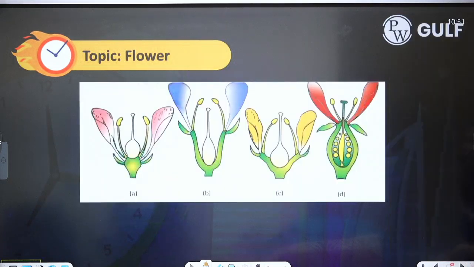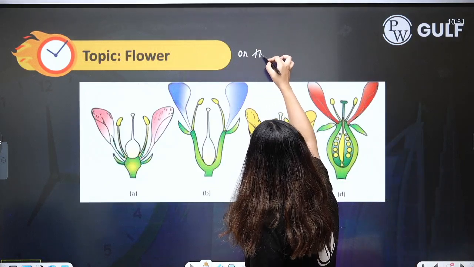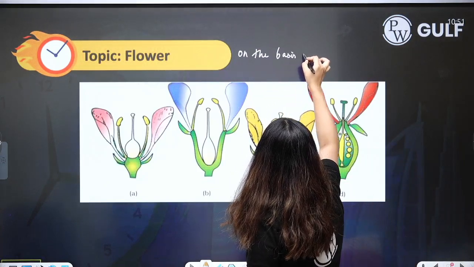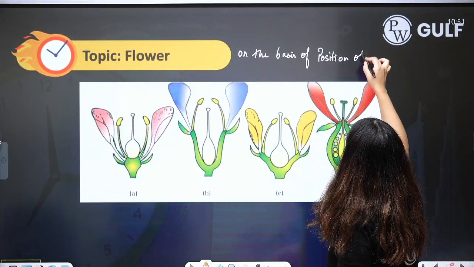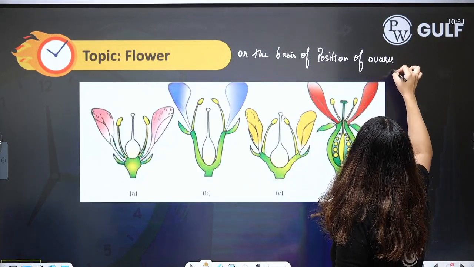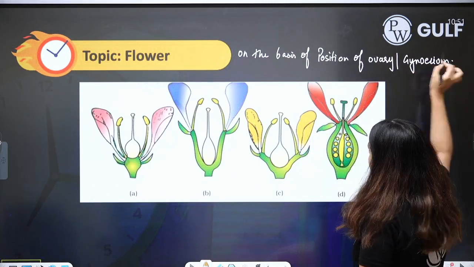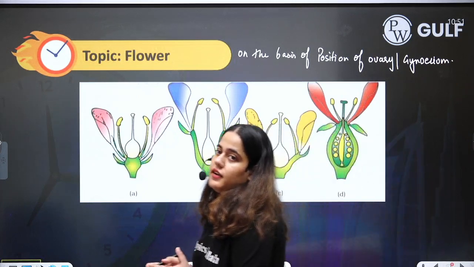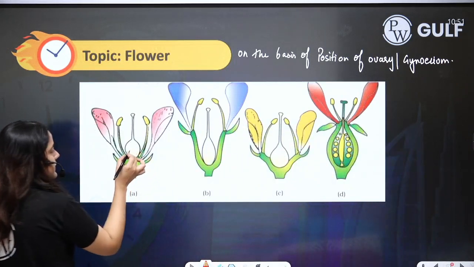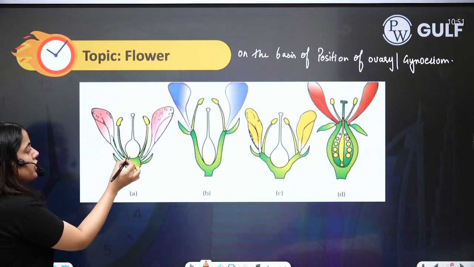Next, the types of flower on the basis of position of ovary or gynoecium. Here, beta, you can see every whorl is coming out below the ovary.